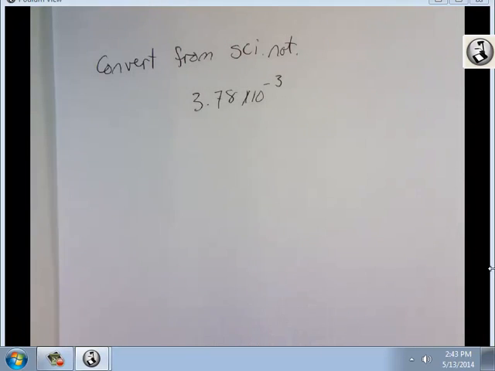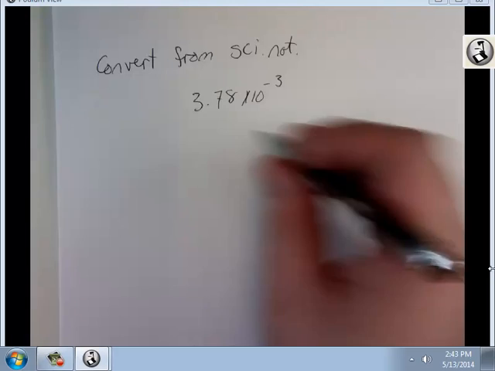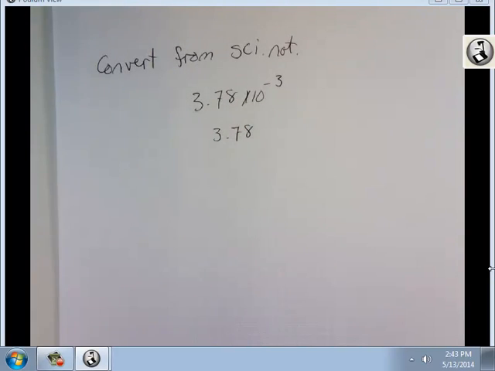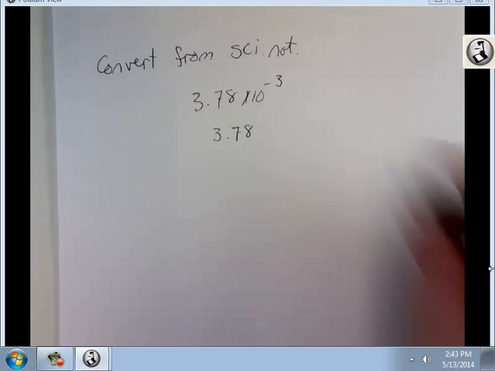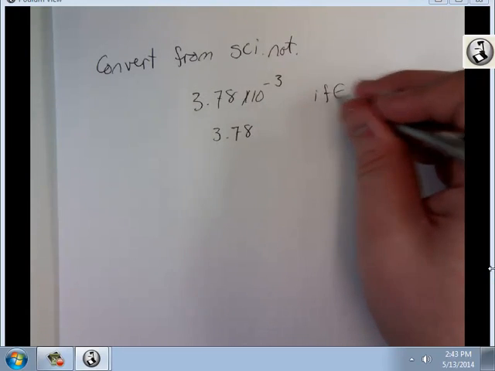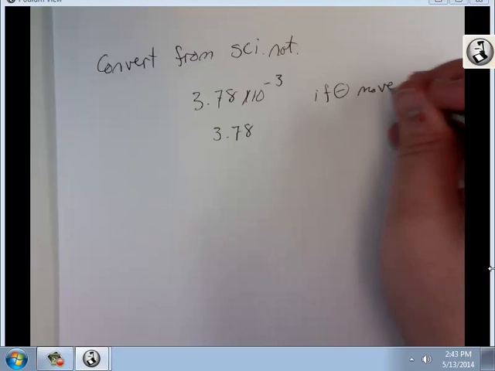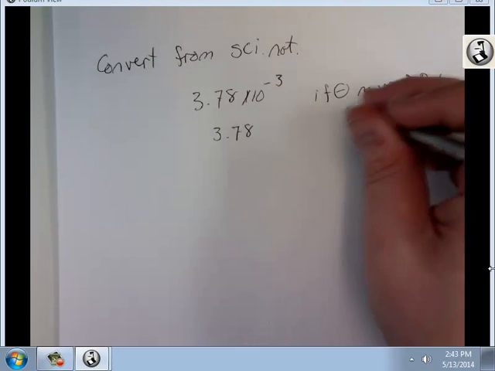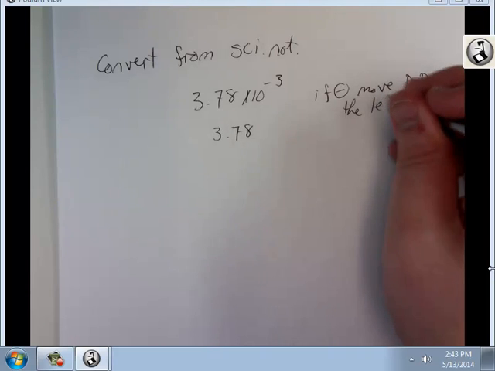So I'm going to take that 3.78 and, if negative, move the decimal point, dp, to the left, which gets it smaller.